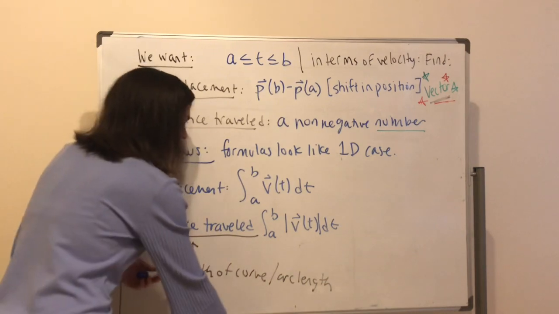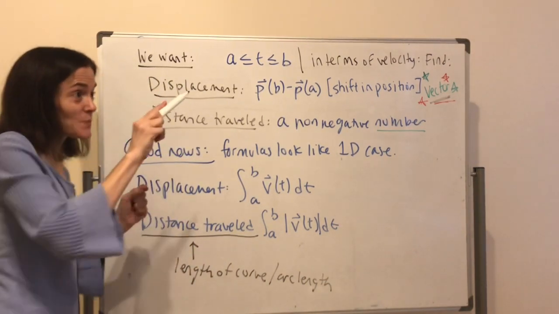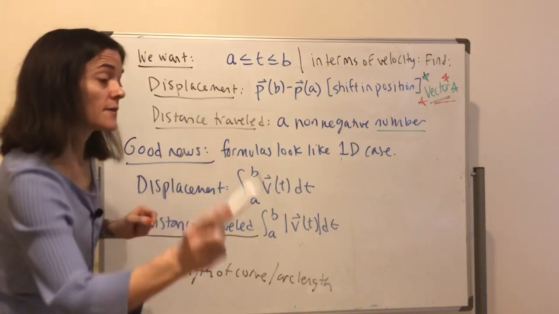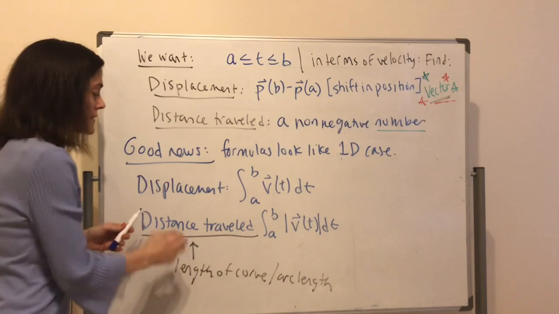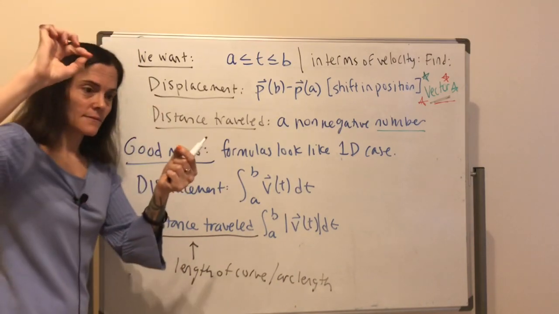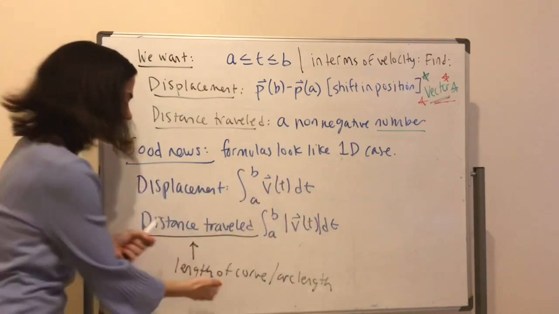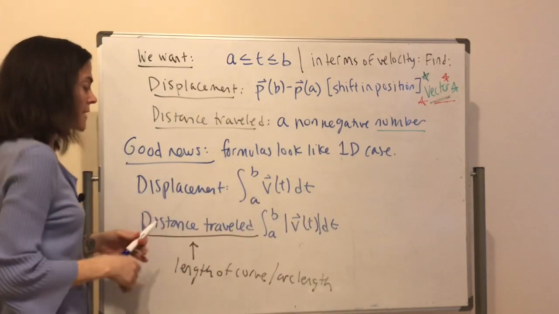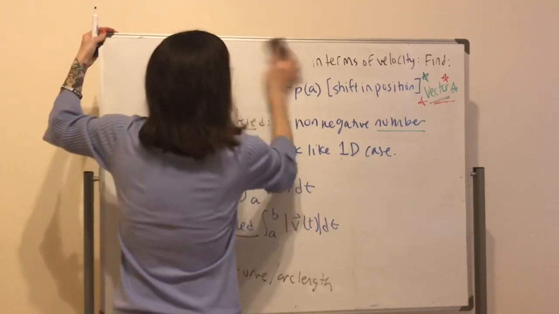So we have a particle. Okay, imagine the end of this marker moving in space, and whatever it traces out over time, think of it as being like a string. You stretch it out, and that length here, that's the distance traveled. Okay, that was a comment. Now let's do some examples.